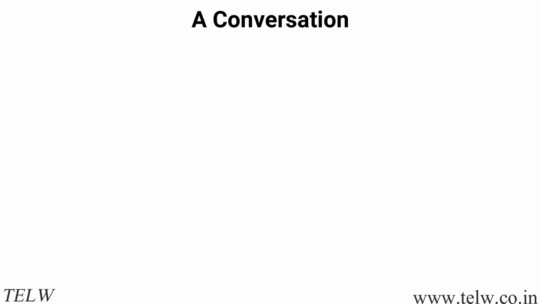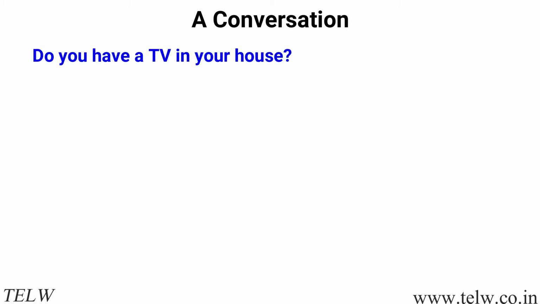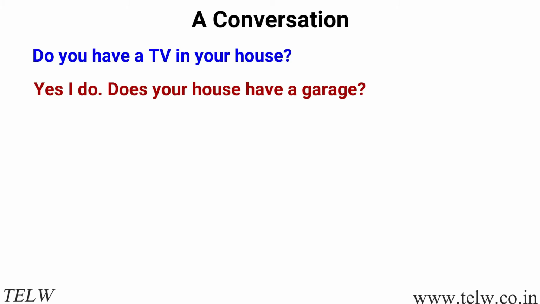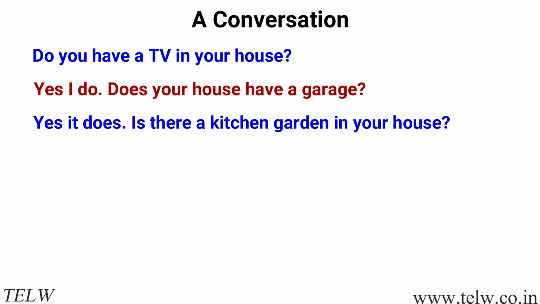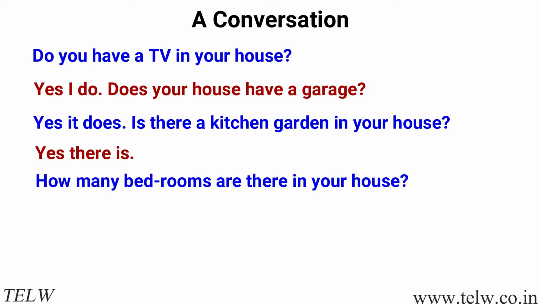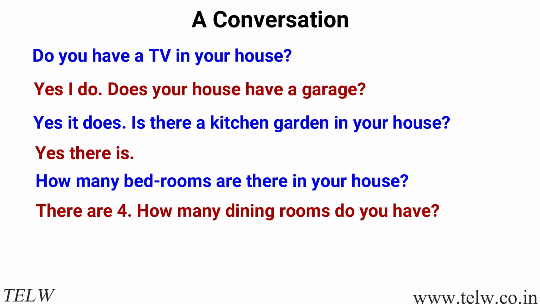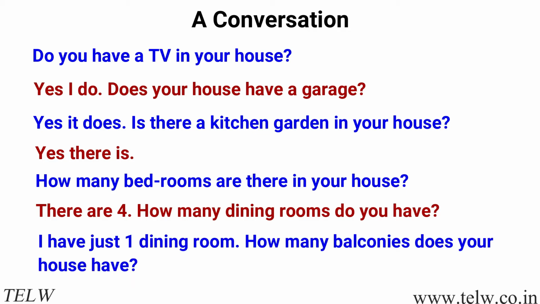Now let's look at a practical example of a conversation between 2 people about their house. Do you have a TV in your house? Yes, I do. Does your house have a garage? Yes, it does. Is there a kitchen garden in your house? Yes, there is. How many bedrooms are there in your house? There are 4. How many dining rooms do you have? I have just 1 dining room.